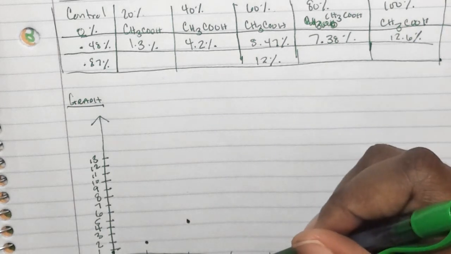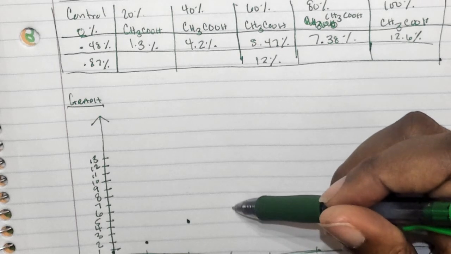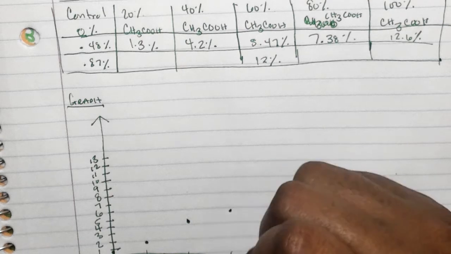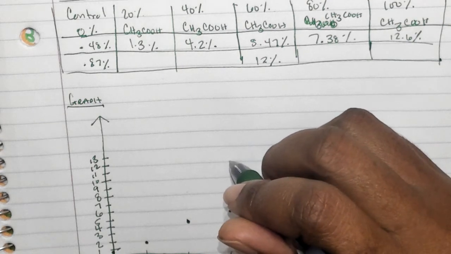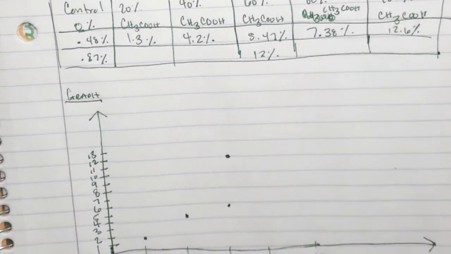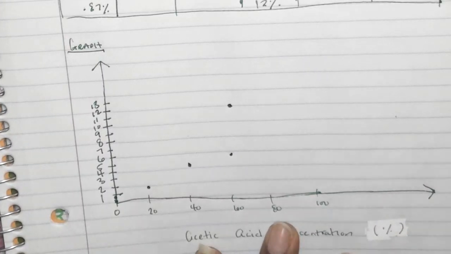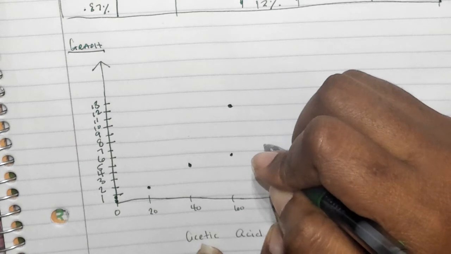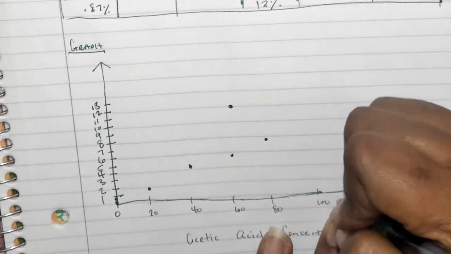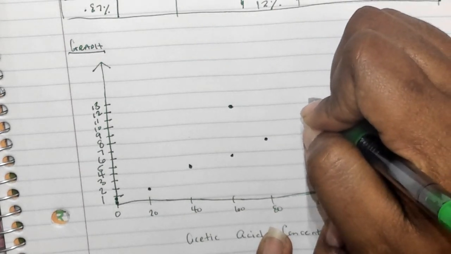And then 60%, somebody had 5.47, so we'll go up to about here. But then somebody else had 12, so we'll go up to about here. At 80%, 7.38. So about here. And then at 100%, somebody had 12.6. So about there.